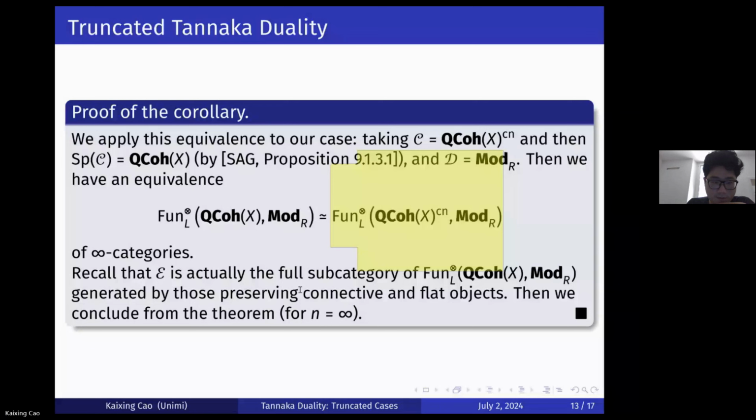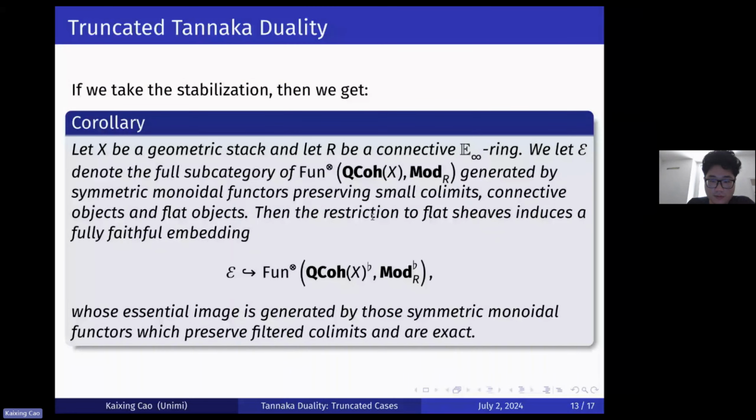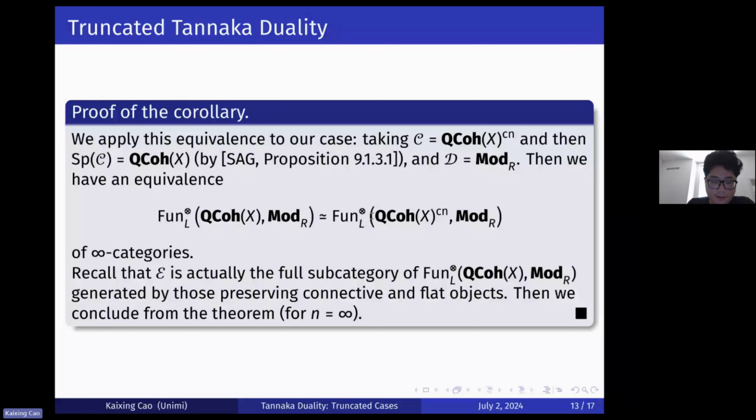So let's return to this theorem. Here our C is defined by such functors. So I mean, here E is not in this category, and the corresponding E prime is just the full subcategory described in this theorem.